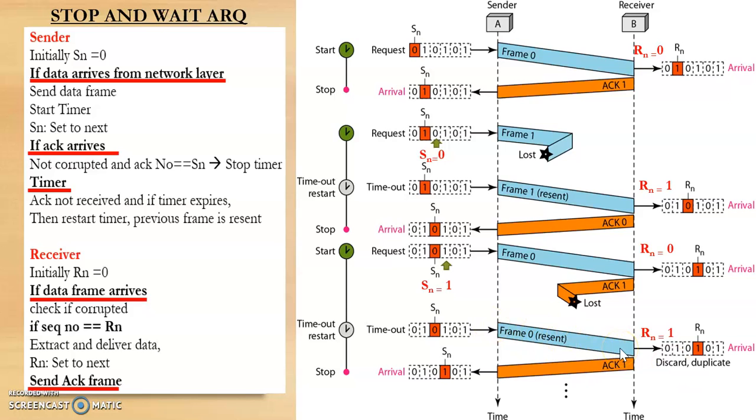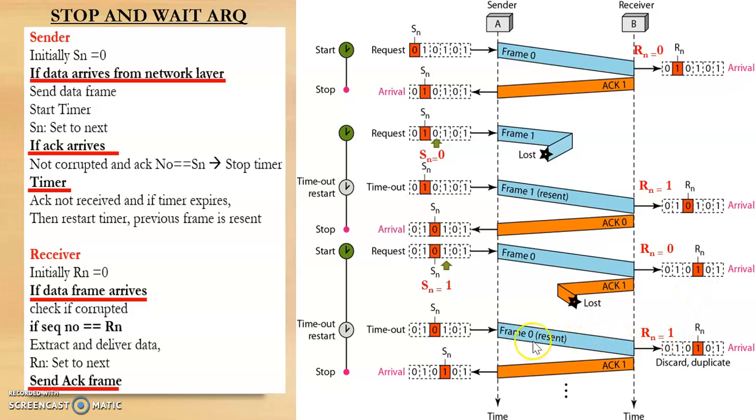Then at the receiver side, the receiver will check if the data frame is corrupted. Let us assume that the data frame is not corrupted. Then it will check if the sequence number is equal to Rn. Now the sequence number of the frame is 0 and the Rn value is 1, because the last updated value of Rn was 1.